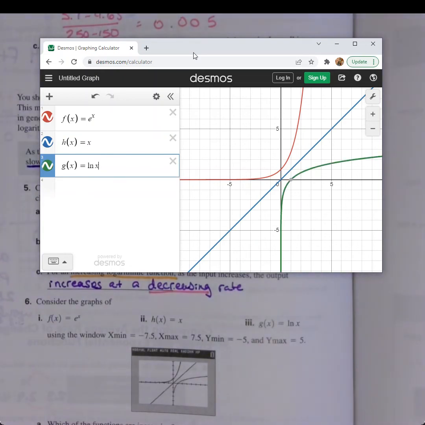Okay, which of the functions are increasing? All of them. As you trace left to right, they're getting larger, getting larger, getting larger. The exponential grows at a faster rate. The linear function grows at a constant rate, and the logarithmic function grows at a slower rate.